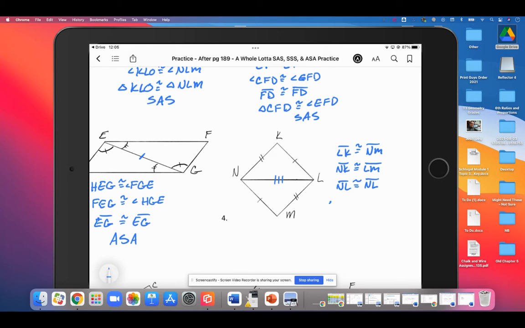And so we can make the statement that triangle LNM is congruent to triangle NLK because of side, side, side.